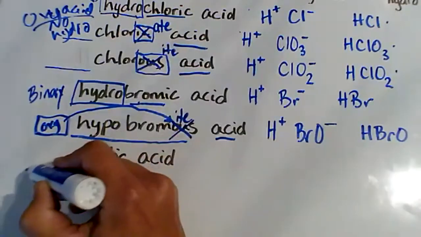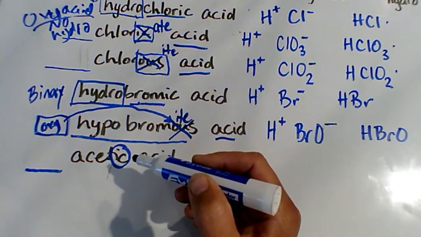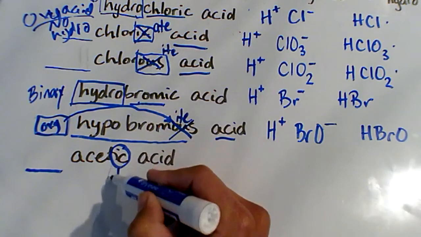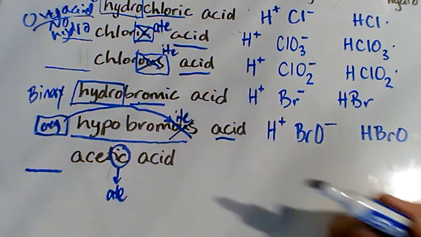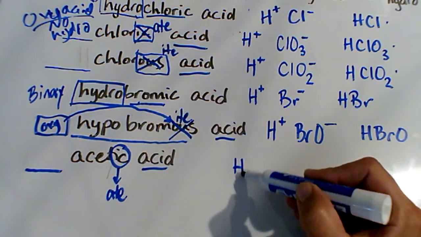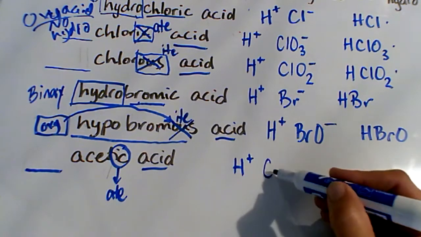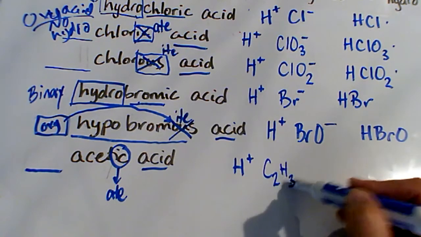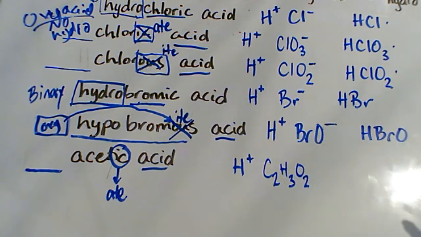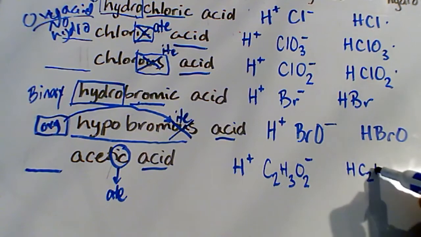All right, acetic acid, there's no hydro, so I'm going to look at the ending. The ic was an ate, right? So that's acetate. Acid tells me hydrogen is the first element, and acetate is C2H3O2 with a negative, so I end up with HC2H3O2.